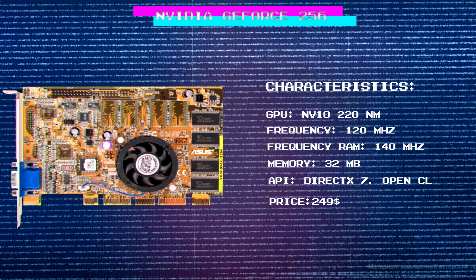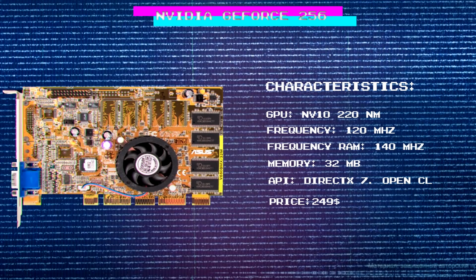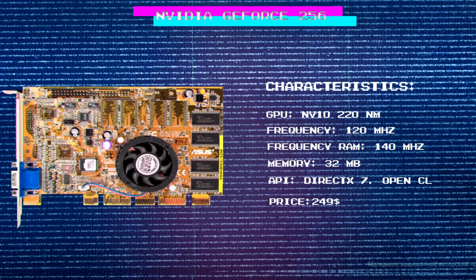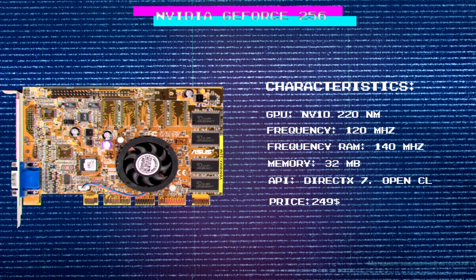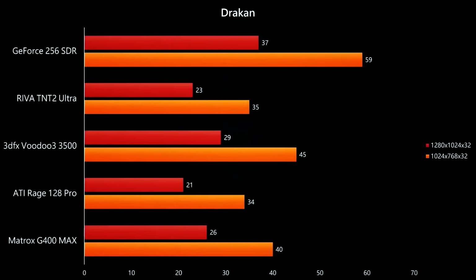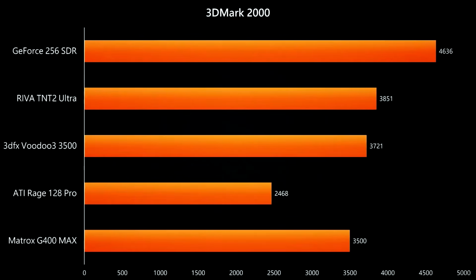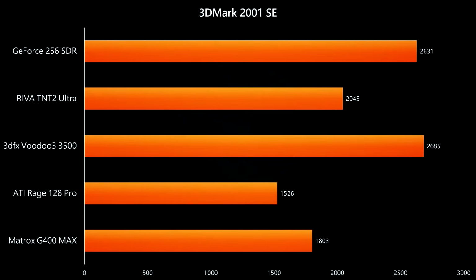Perhaps for the first time it was mandatory for the video card to use a fan to cool the chip, as it was heating up more in comparison with its predecessors. In terms of performance, the GeForce 256 made a big leap forward when working in a system with a low-cost central processor. In such cases, its superiority over the previous generation of video cards, represented by Voodoo 3 and TNT2, reached 50%.